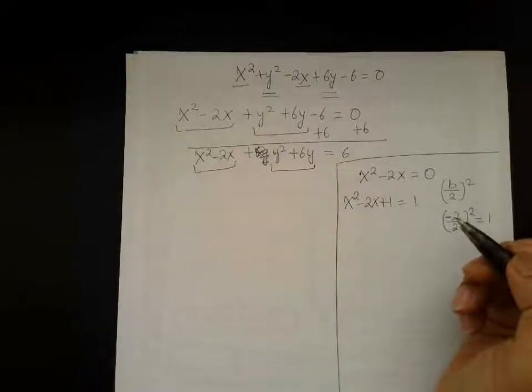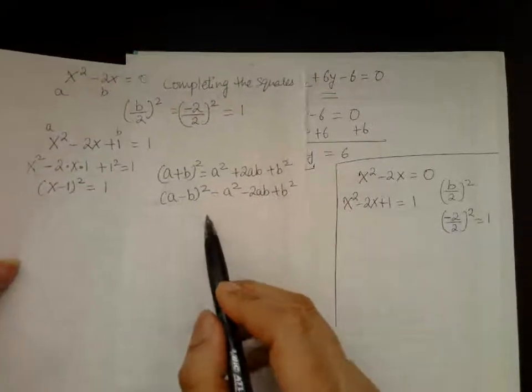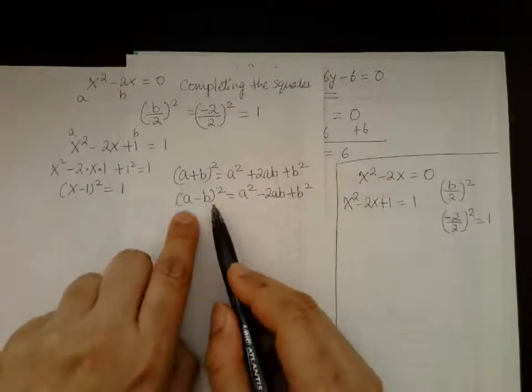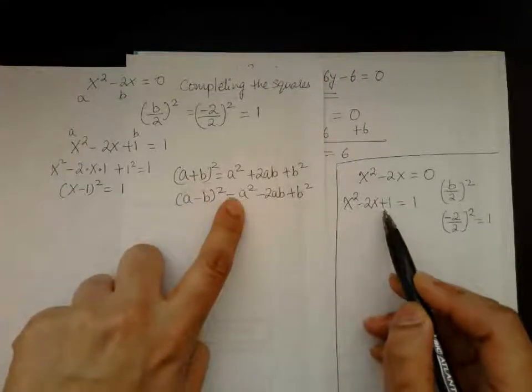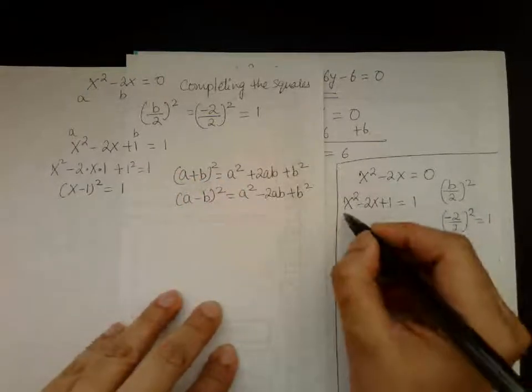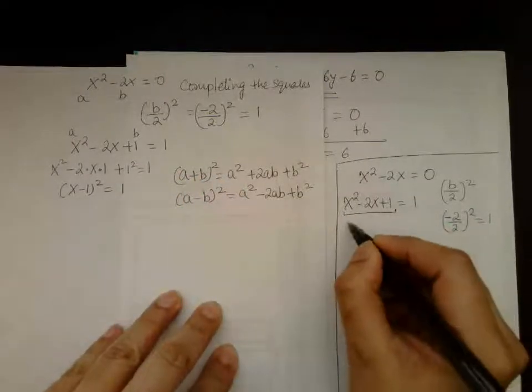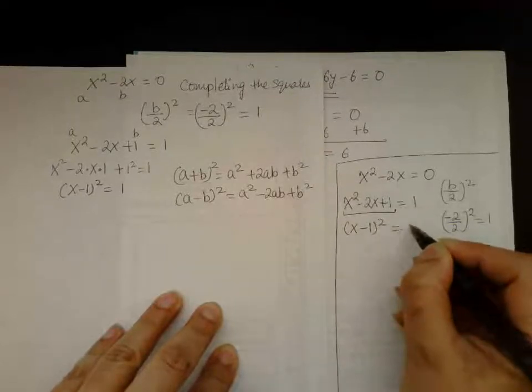Now this is nothing but these two identities: a minus b whole squared is a squared minus 2ab plus b squared, because 1 squared is nothing but 1. So I can rewrite the whole thing as x minus 1 squared is equal to 1.